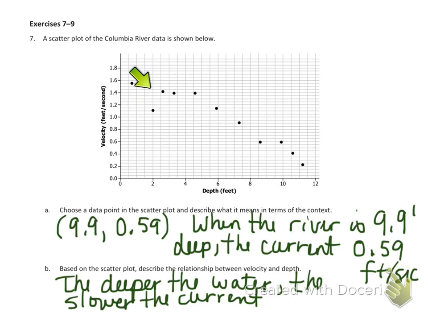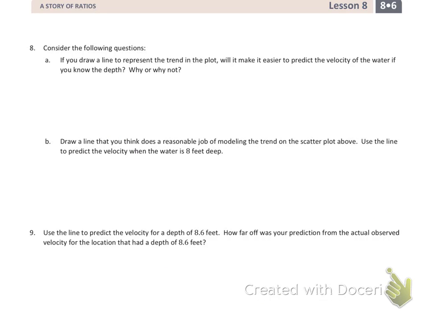If I'm going to predict, I'm probably going to go with this prediction rather than this one. So in areas where the data is kind of thin, like through here, or a little more scattered, like in here, a line would really help us make predictions. I'm not going to write that out, but something to that effect you should write as an explanation.